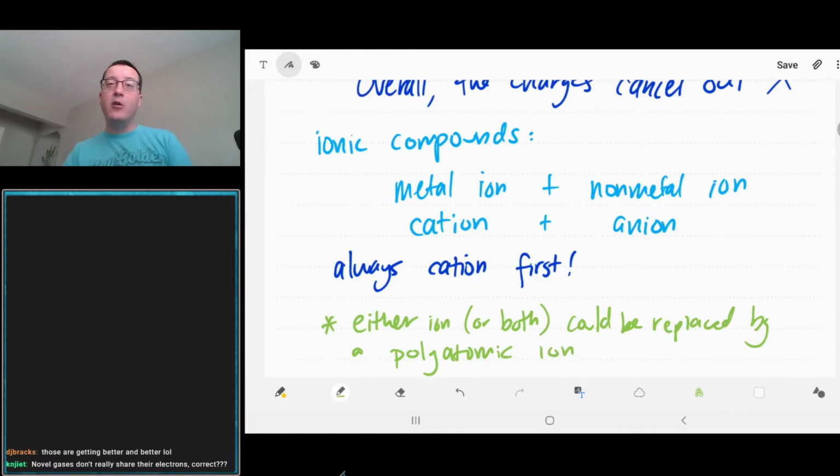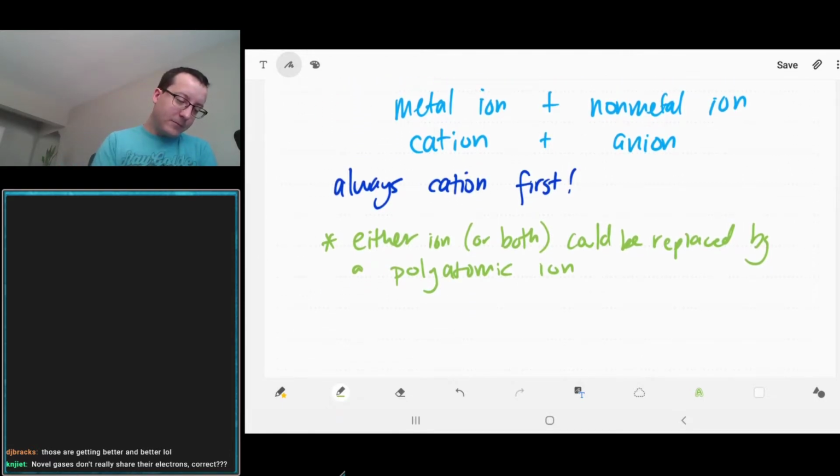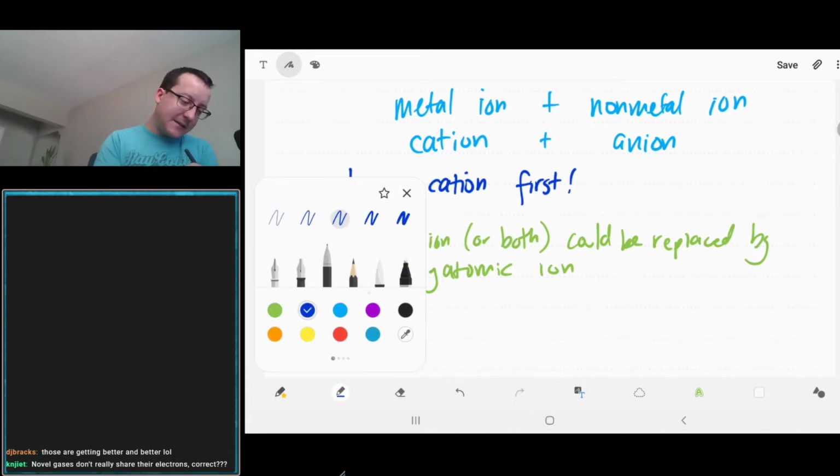So just so you know, those polyatomic ions in that big old chart could take the place of the metal ion, if it's a positive polyatomic ion, or they could replace the non-metal ion, and that would be the case of something that's negatively charged. Okay, so let's go ahead and see how these things are going to come together.